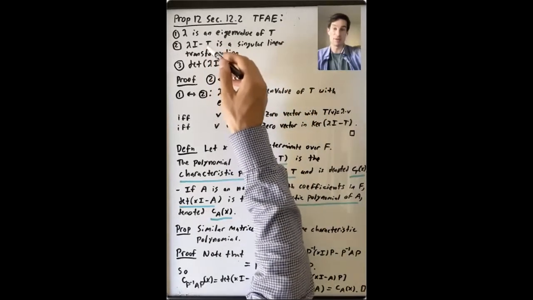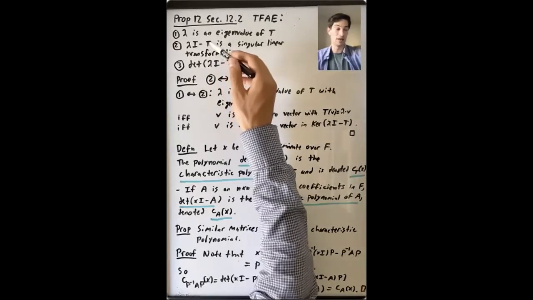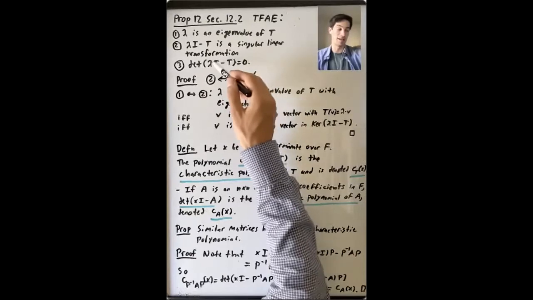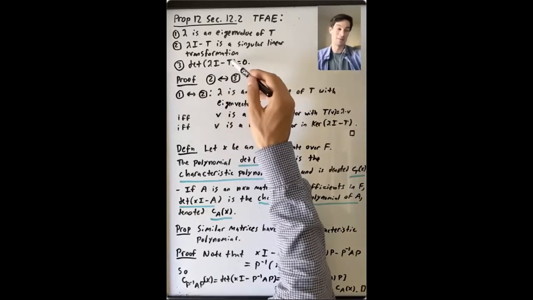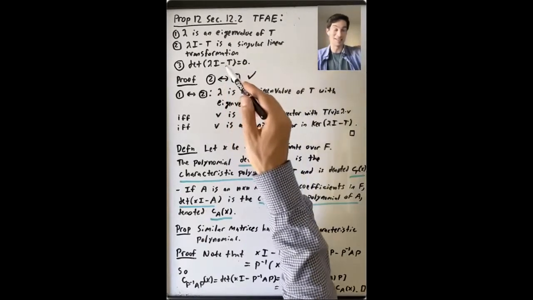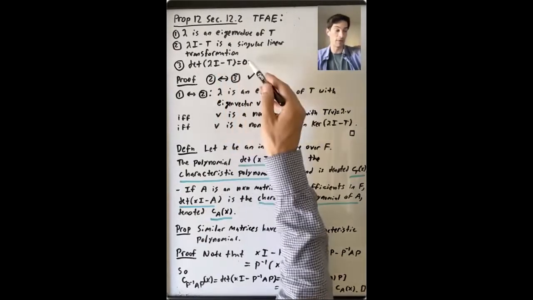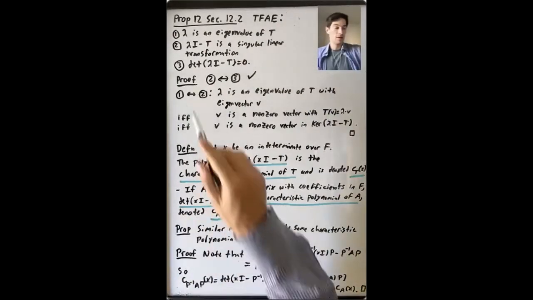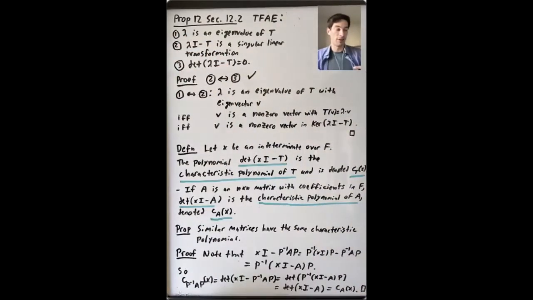So you can choose a matrix representing the linear transformation lambda I minus T, and that matrix is singular if and only if the determinant of that matrix is 0. Okay, so we just have to show that 1 and 2 are equivalent.